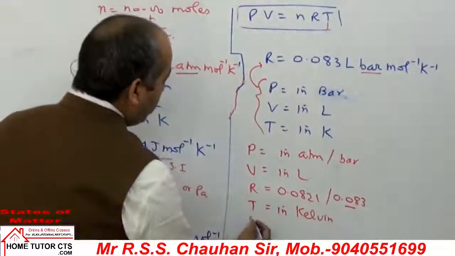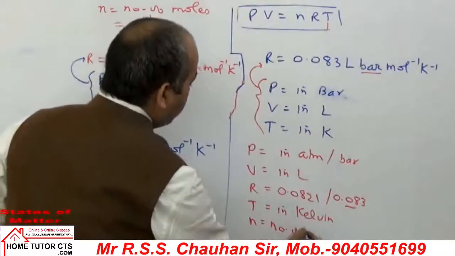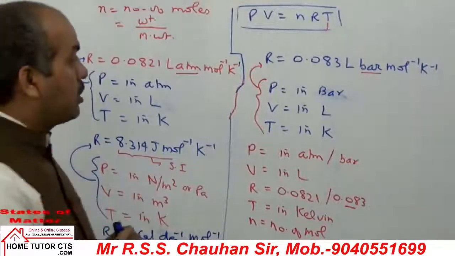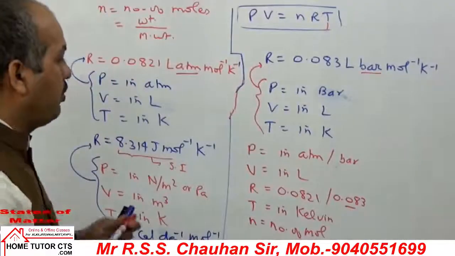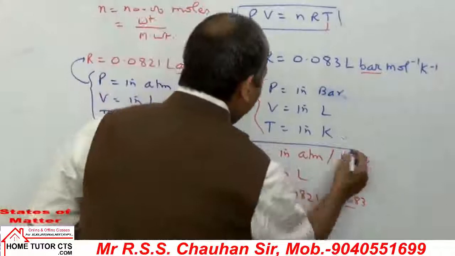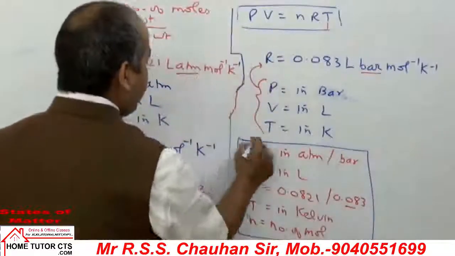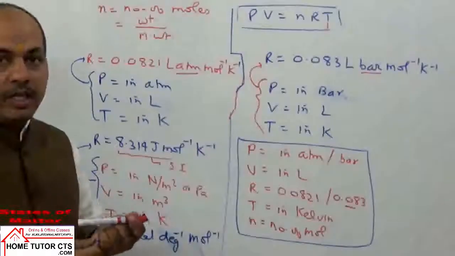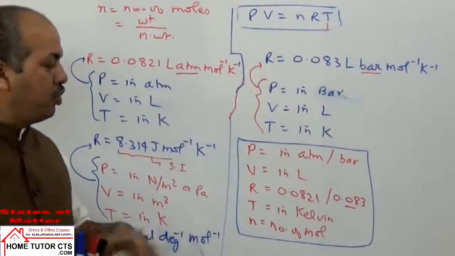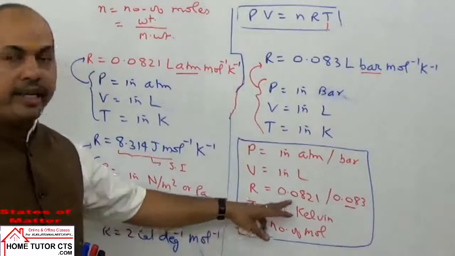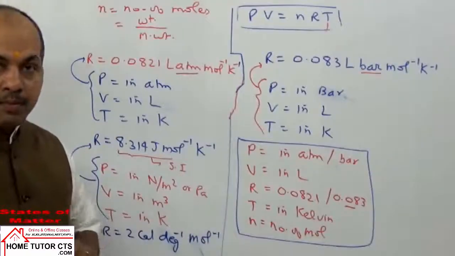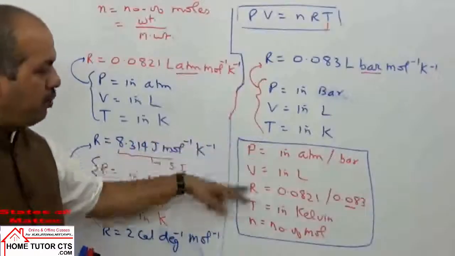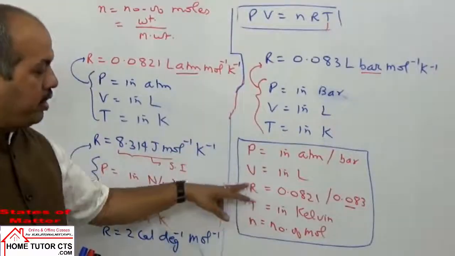The remaining n is the number of moles. To apply the ideal gas equation in any question, we will take pressure in atmosphere or bar units, volume in liters, R as 0.0821, temperature in Kelvin scale, and n is the number of moles of the gas. So you can take different units or values of R here.